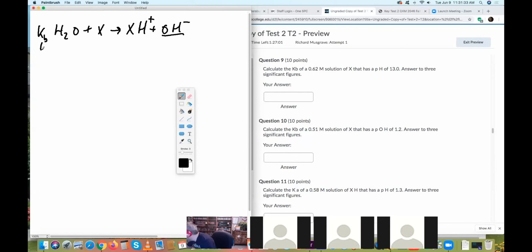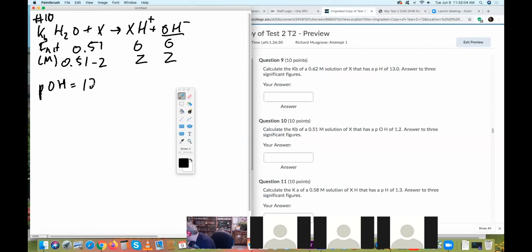And the initial molarity here is going to be 0.51. Sorry, no, we're looking at number 10. Number 10, 0.51, 0 and 0. Then it's going to be 0.51 minus Z, Z, and Z. And if you look here, what we're given is the POH equal to 12, which means that we can get the OH minus directly. We don't have to do the subtraction from 14.